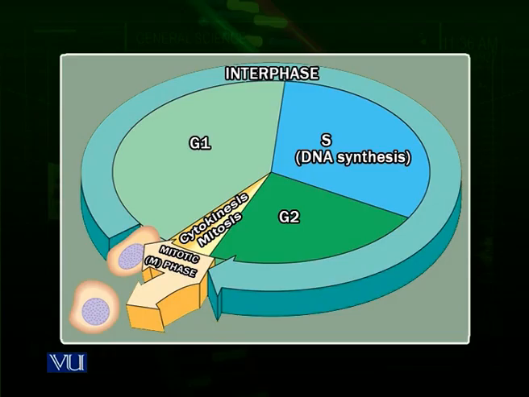For example, our nerve cells do not divide. They stay throughout their lifetime, throughout our lifetimes, in the G0 phase. This is the reason that if there is an injury to the nerve cells, they are never replaced, because these cells do not divide for wound healing or for replacing themselves.